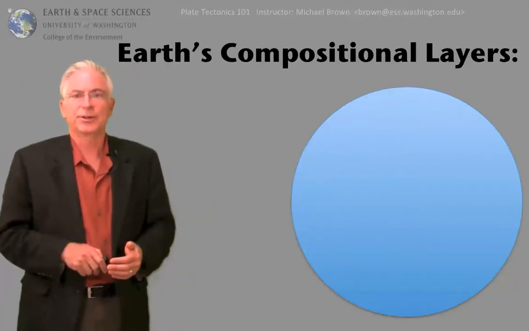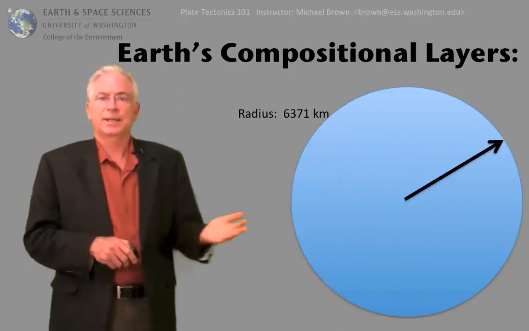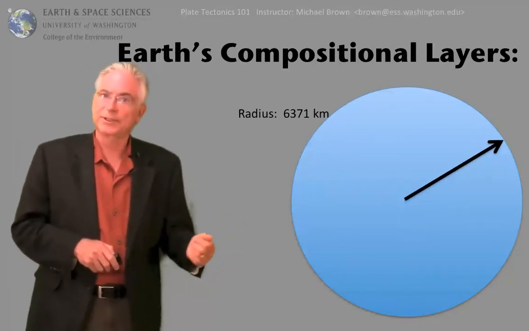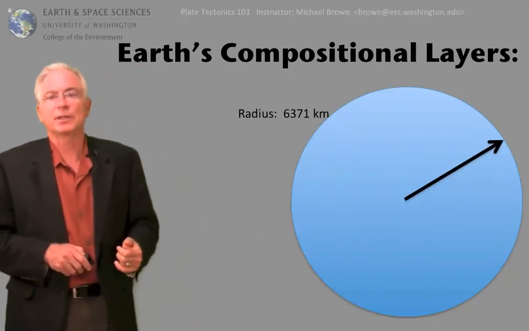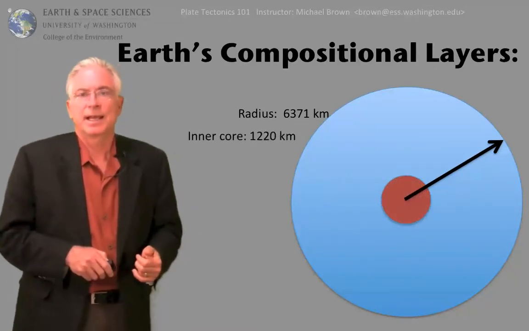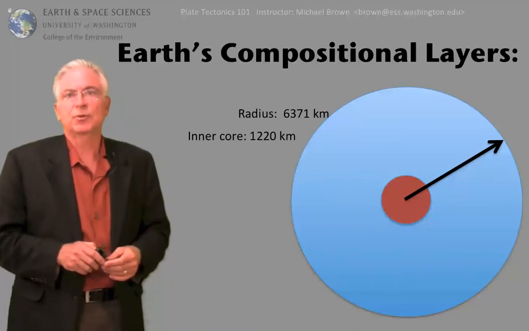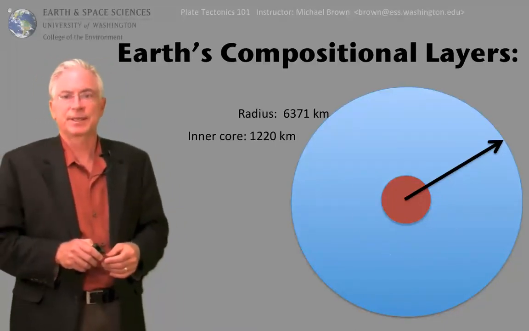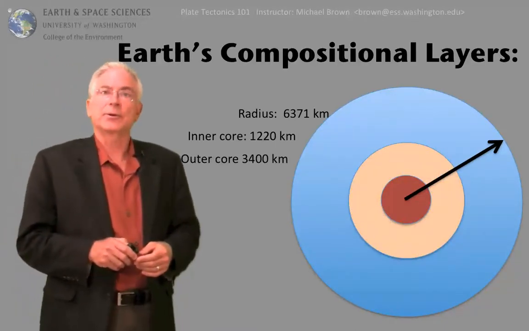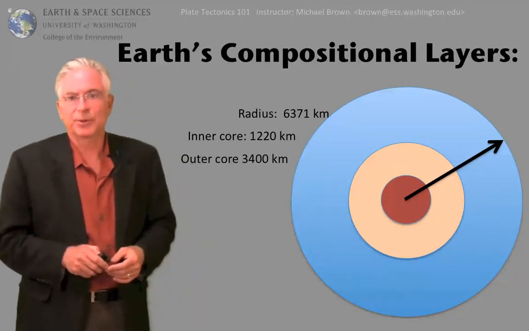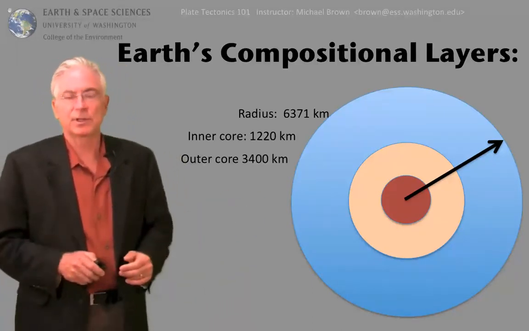There's the Earth. It has a radius of, on average, 6,371 kilometers. At the very center of the Earth is an inner core, which is solid. It's about 1,200 kilometers in radius. Surrounding that is the outer core of fluid metal with a radius of about 3,400 kilometers.